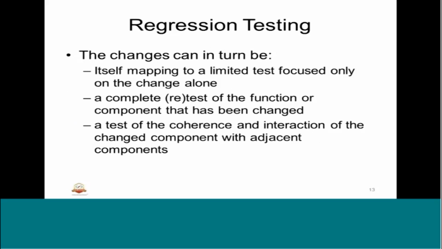So the changes can be of three types. It is on the impacted component itself, specific changes or a specific line or a small subsystem, etc. Or a complete retest of the function. We may have to do it to make sure that regression is taken care of.